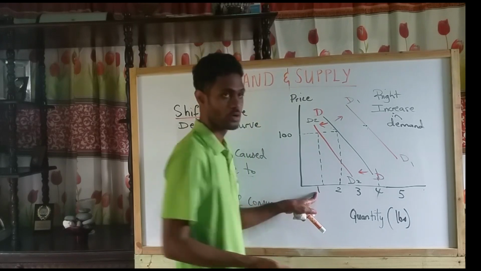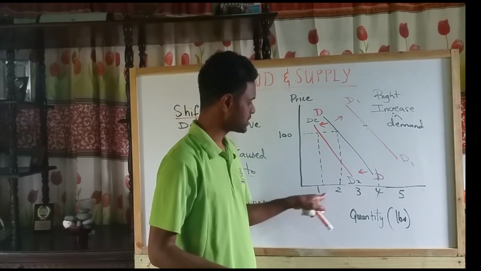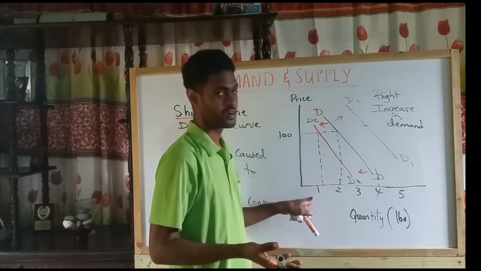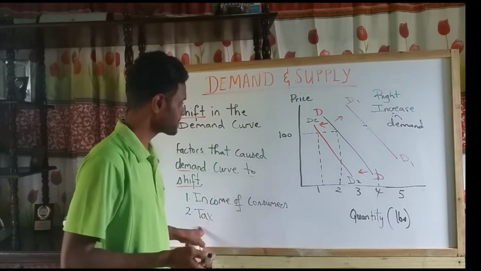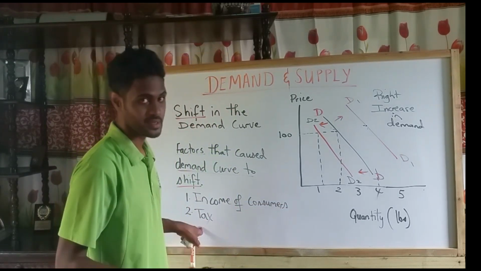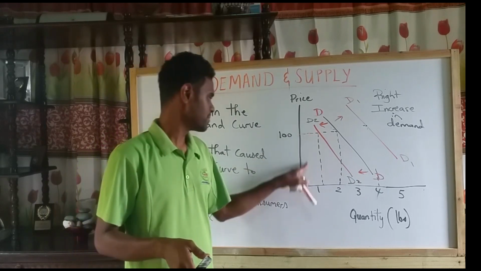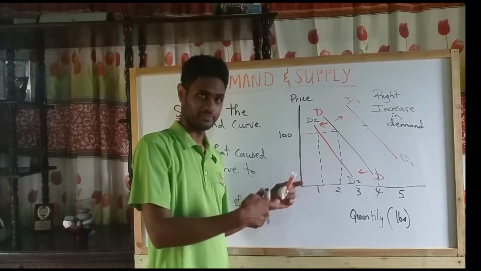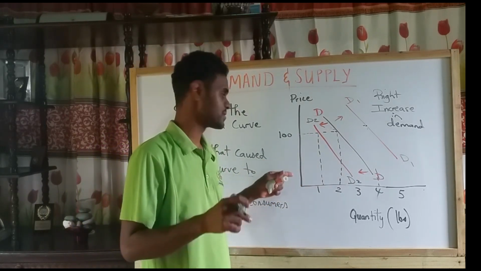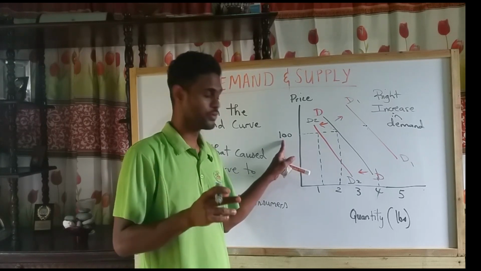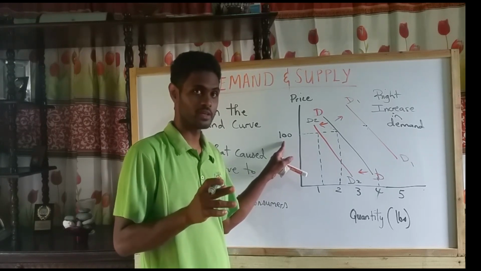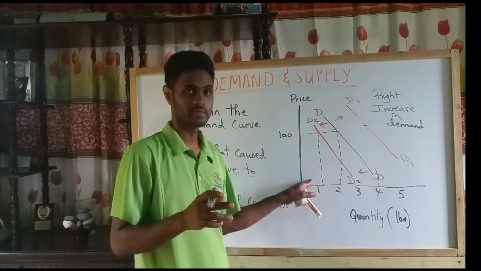So they will purchase about 1.2 pounds. Alright, so they purchase less. So that is what the graph is showing you. Once there's an increase in tax on items, the demand curve can shift to the left, meaning the demand decreases. And note that the price remains the same. While the price remains the same, demand decreases.